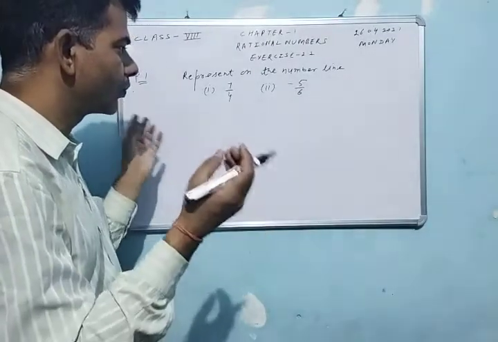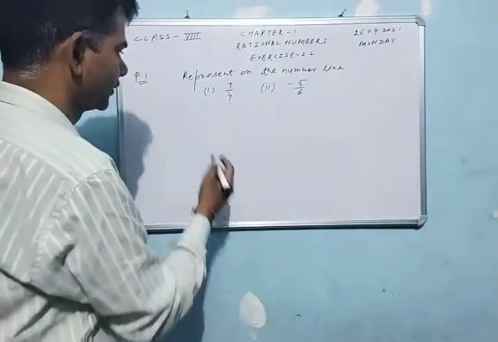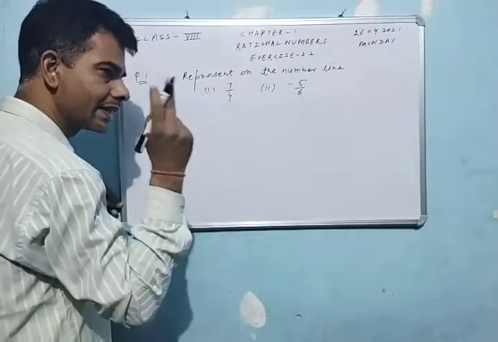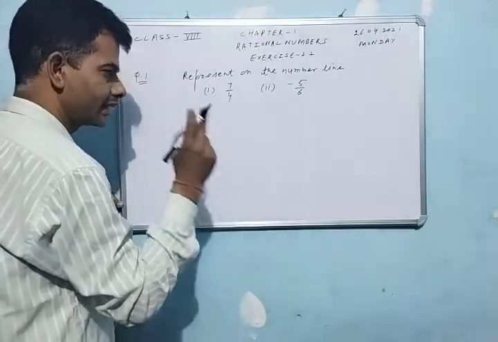To represent 7/4 on the number line, first of all we will draw a number line. Students, draw a number line with the help of scale and pencil.